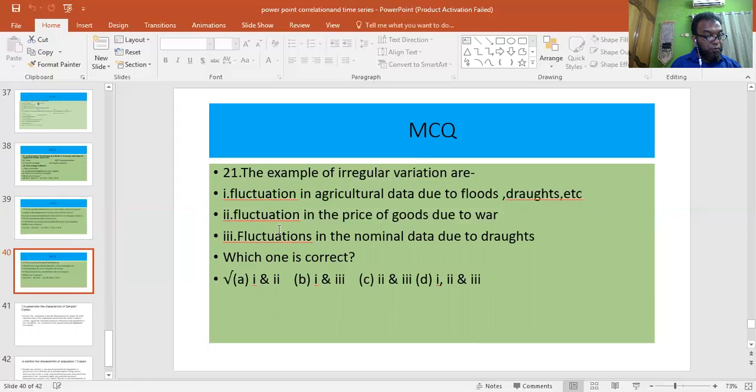Number 11, 2 to 10 years, 12 to 15 years, 15 to 20 years, 20 to 30 years. 2 to 10 years. Okay, 2 to 10 years.